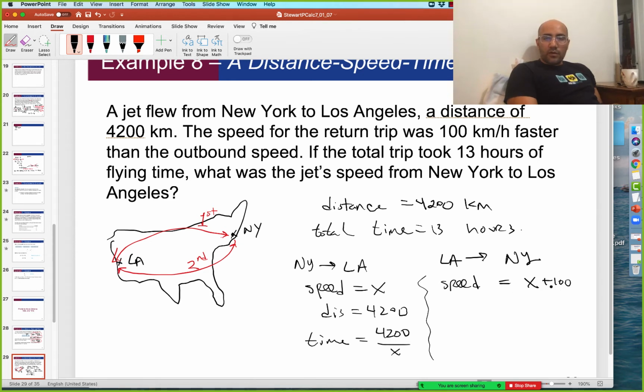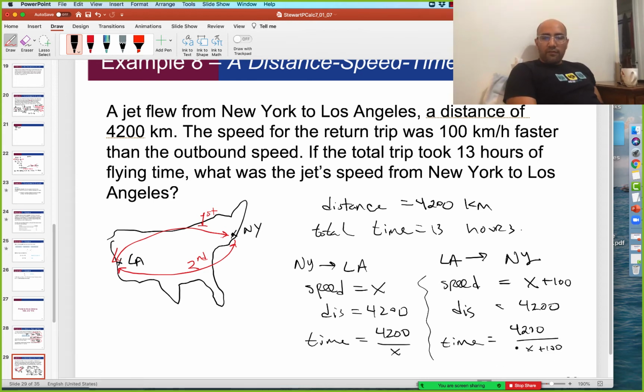So the speed of the return trip was 100 faster than the outbound. The distance covered is still 4,200 kilometers. And the time, using the same formula, is the distance, 4,200 kilometers, divided by x plus 100.